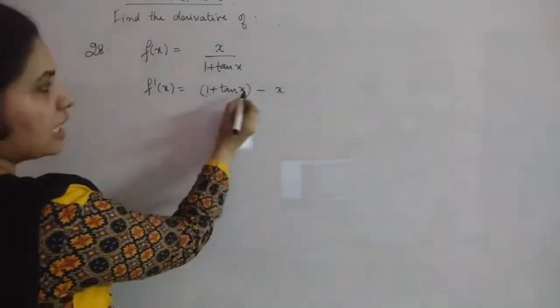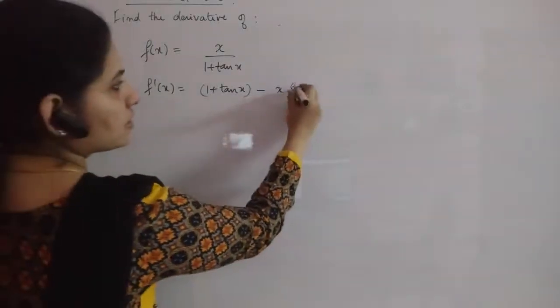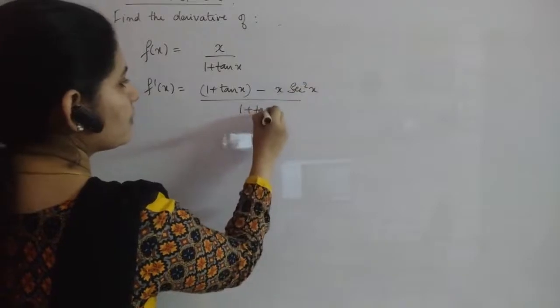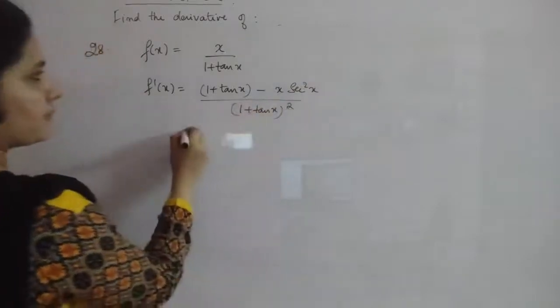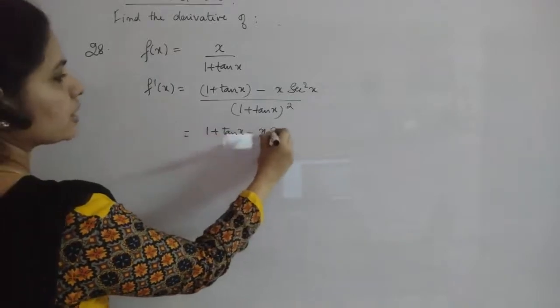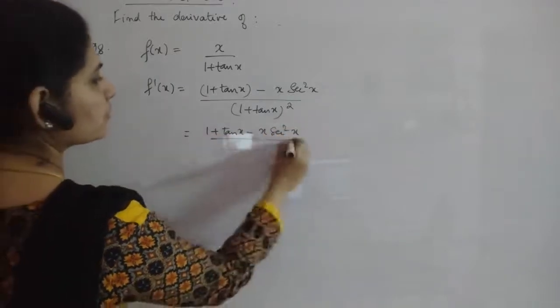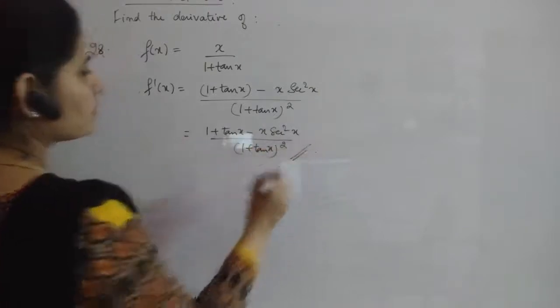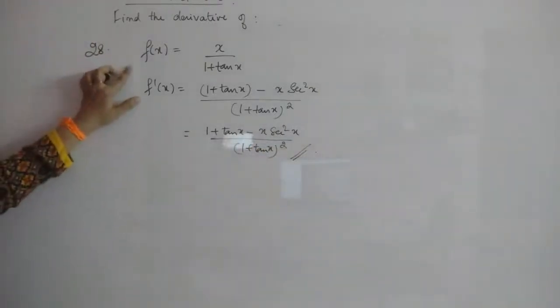Derivative of 1 is 0 and derivative of tan x is sec square x. So this will be the term, divided by 1 plus tan x the whole square. Okay, so it is 1 plus tan x, nothing to do extra, you can stop there also. 1 plus tan x the whole square. This is the derivative of the given function.